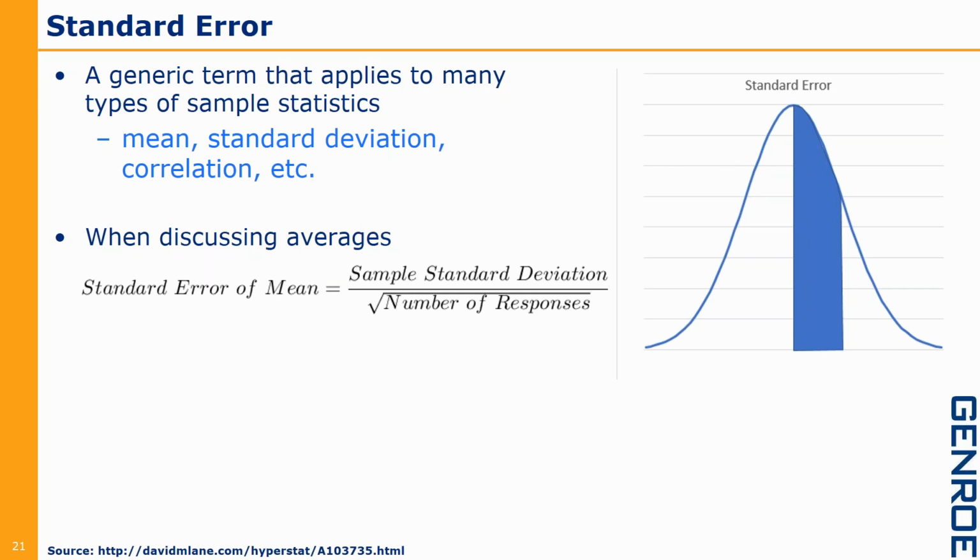The important one when we're talking about averages or means is the standard error of the mean, which is the sample standard deviation divided by the square root of the number of responses. That's how you calculate standard error. We'll see that in a few seconds.